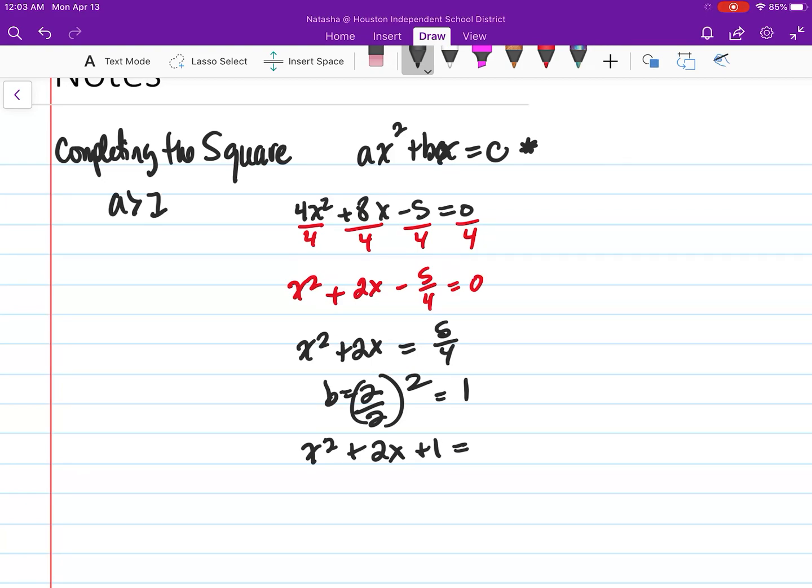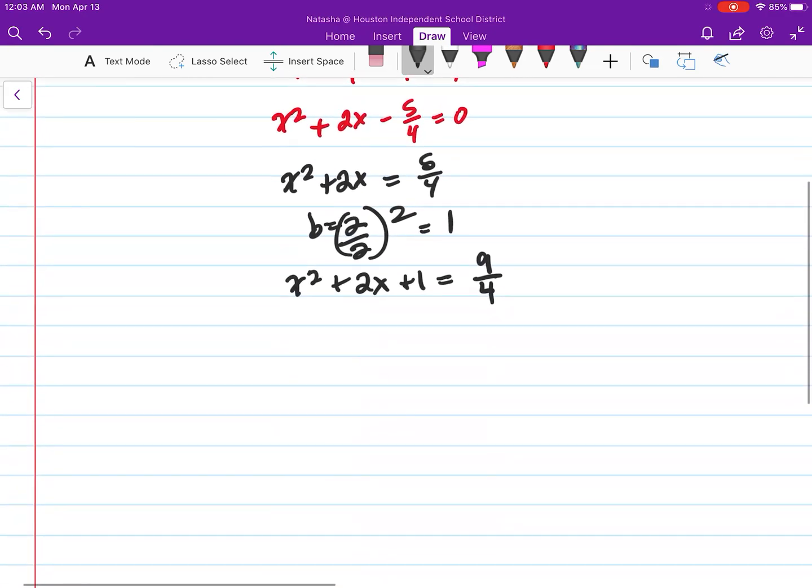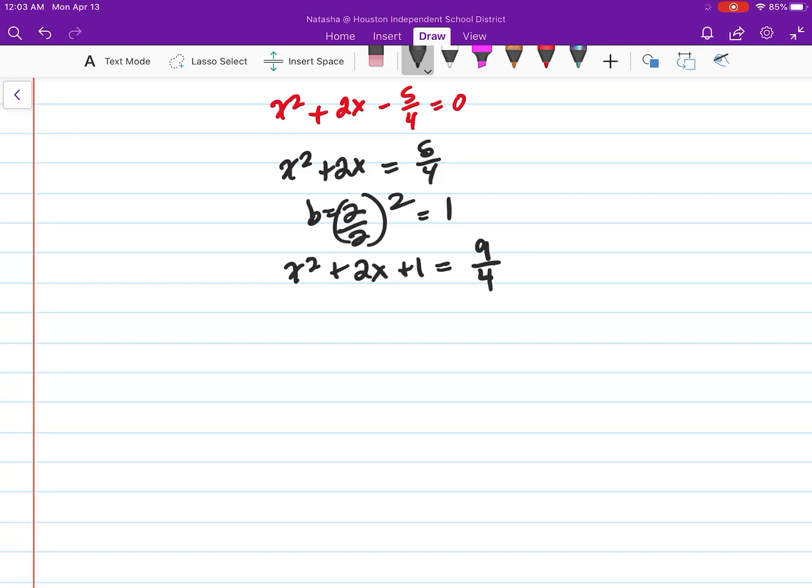Now here's where the tricky part comes in, because we have fractions. If you remember, we can take our handy-dandy calculator, and you should have a copy of it on your phone. So 5 divided by 4, and add 1 to it. That's going to give me the decimal 2.25, but I want to leave it in fraction form.